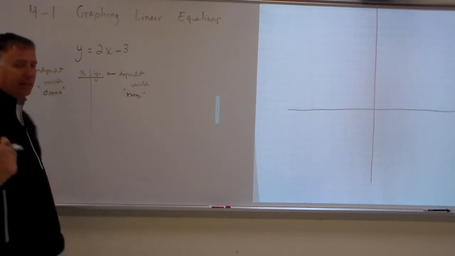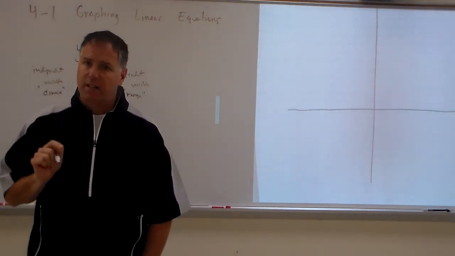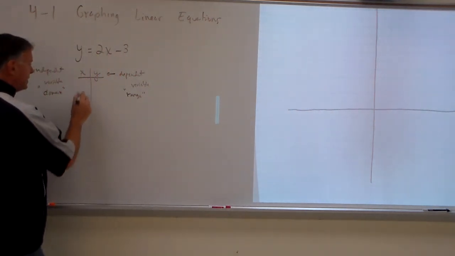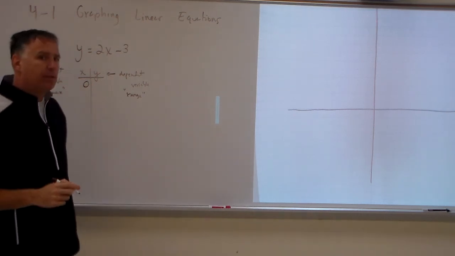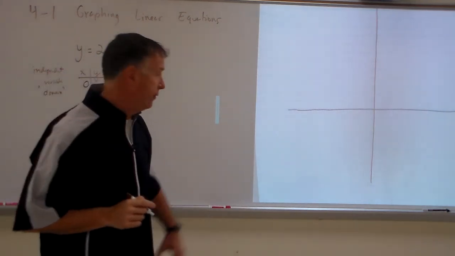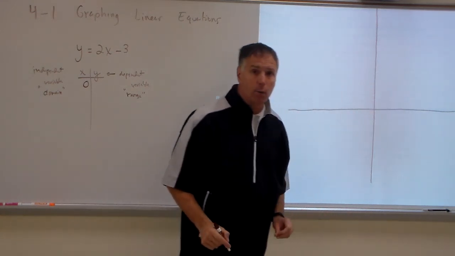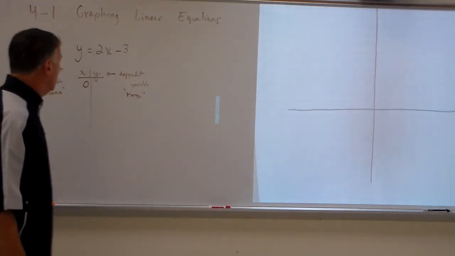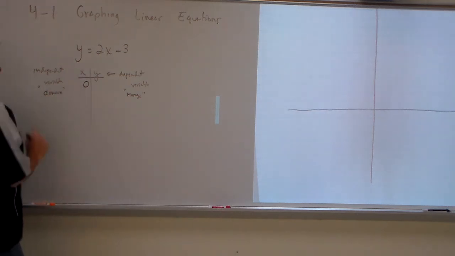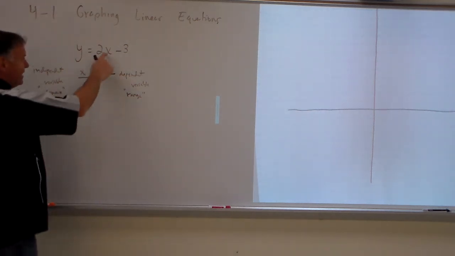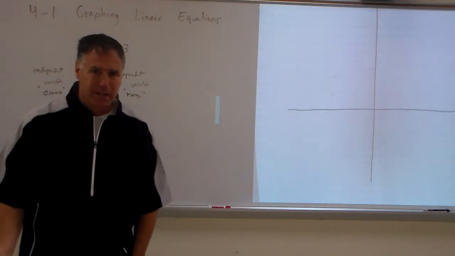Because you can pick any value you want, I always like to pick 0. There's a couple reasons. One, it's easy to graph. 0 is going to be on this axis somewhere when your x is 0. Another reason is because it's easy to plug in.